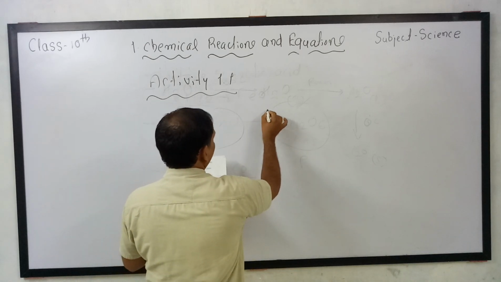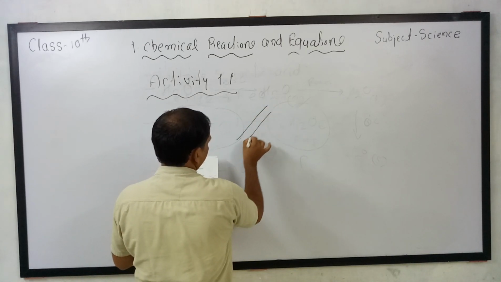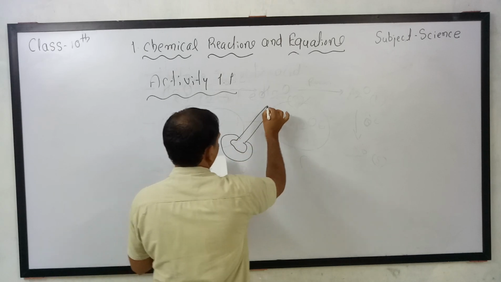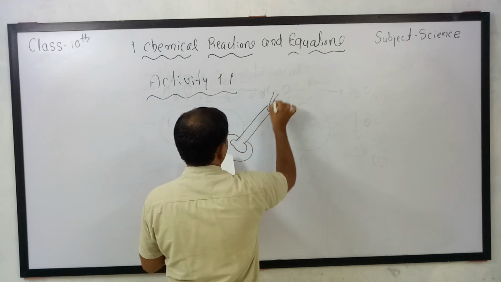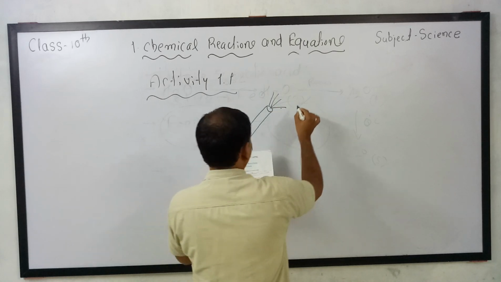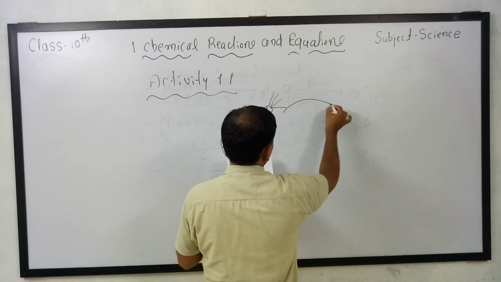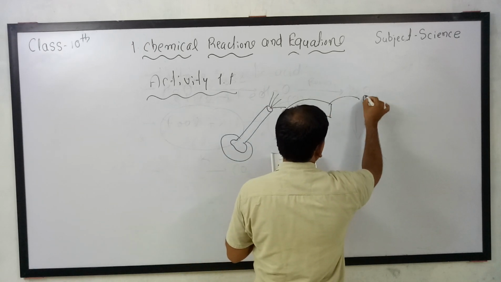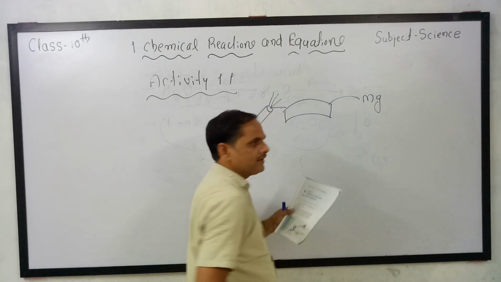Here we take a burner and a magnesium strip. Magnesium's formula is Mg. This is one type of metal.